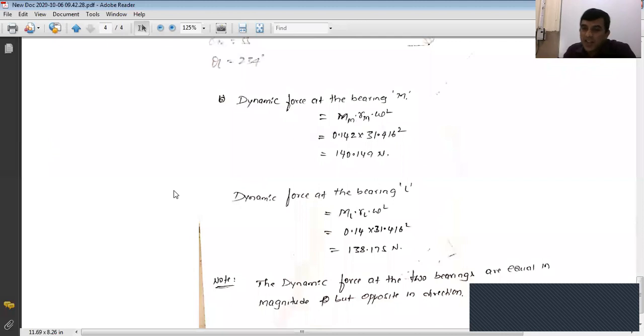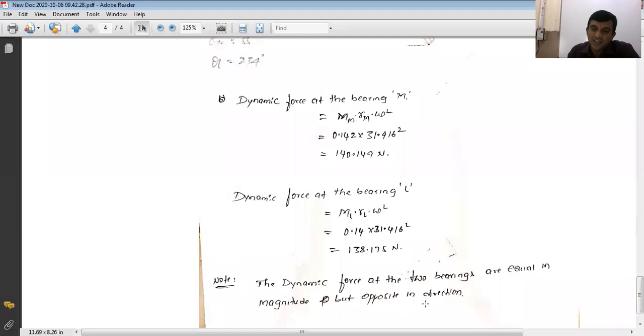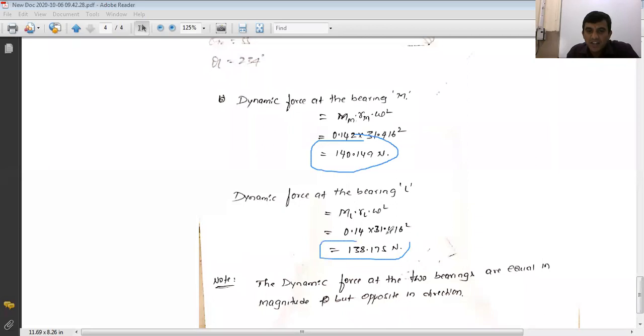Yeah, how do you say the dynamic balance is right here? See the note. The dynamic forces at the two bearings are equal in magnitude but opposite in direction. Then only your answer is right. But here see that, I got the dynamic force at bearing M as 140 Newton. Dynamic force at bearing L is 138. Almost closer values, these two are.